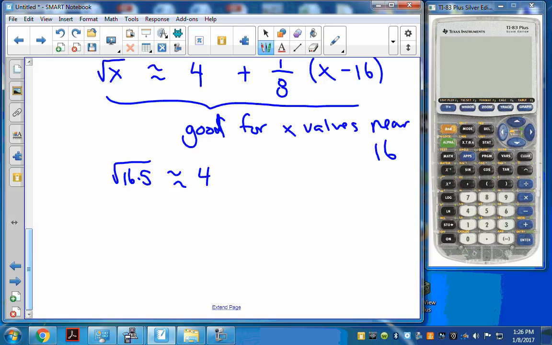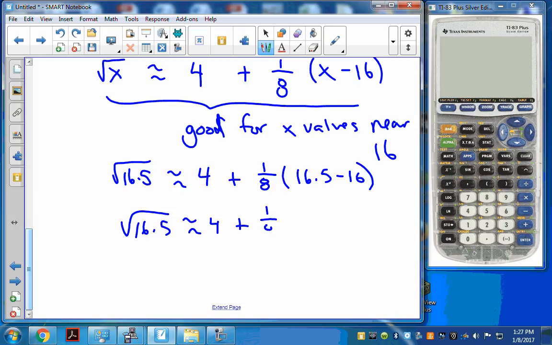We knew the square root of 16.5 was about 4, but now we have a little bit more information. 1/8 times 16.5 minus 16. So the square root of 16.5 is about 4 plus, what's this? 16.5 take away 16 is a half. So 1/8 times 1/2. So the square root of 16.5 is about 4 1/16.